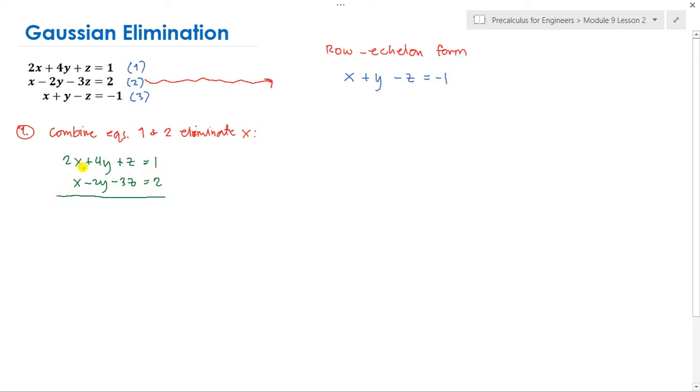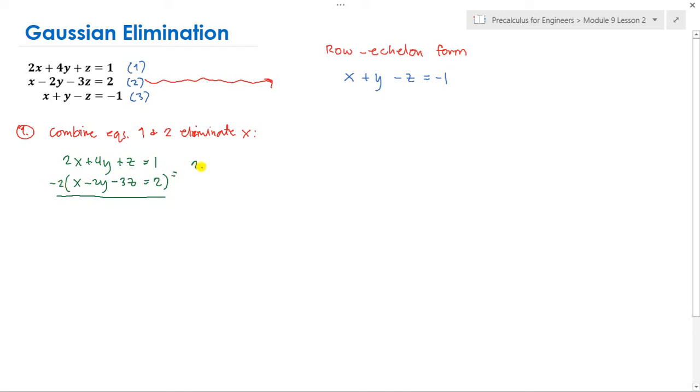Any idea? Para ma-eliminate si x. Negative 2 sa equation 2. Okay, mag-multiply tag negative 2. So we're going to multiply here negative 2.